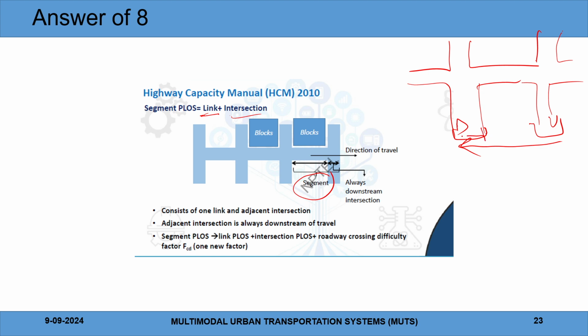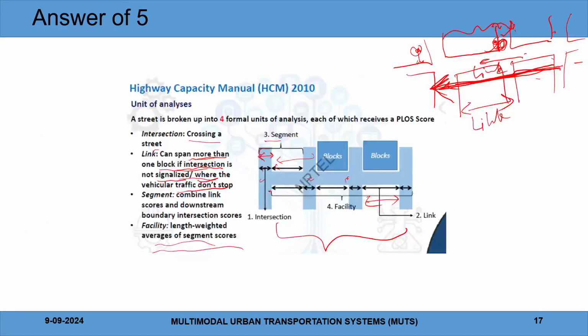The direction of the travel is actually this side. Okay, in this there might be confusion. I actually told the opposite. This is the downstream, as vehicles are flowing this side. So this is the link and this is the downstream intersection. So that is the total segment.